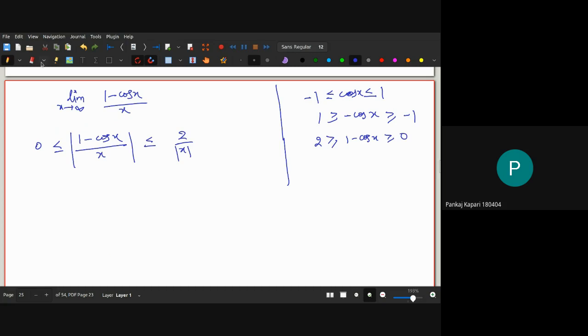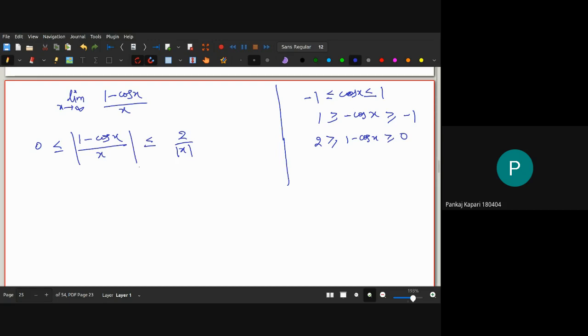If you don't put a modulus sign, then this inequality also holds, but only when x is positive, because if x is negative, the inequality will get reversed. So you can put a mod so that you don't have to deal with two cases, when x is positive and when x is negative. So let's put modulus.